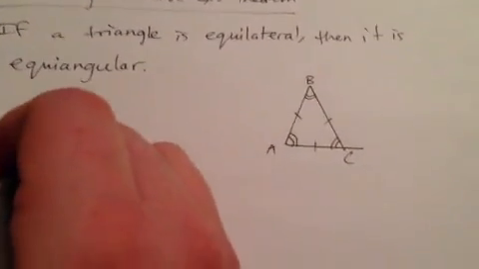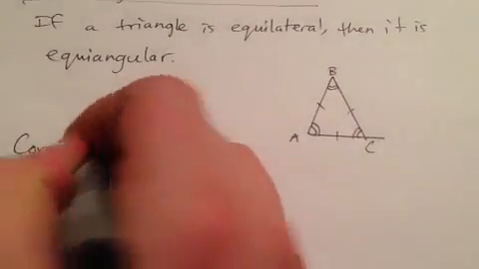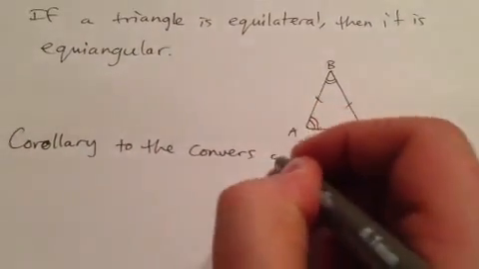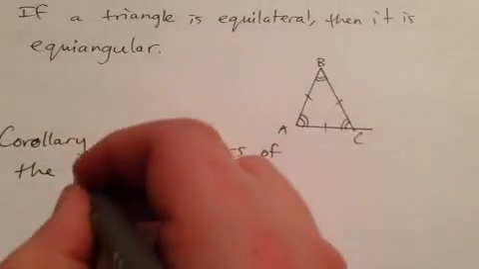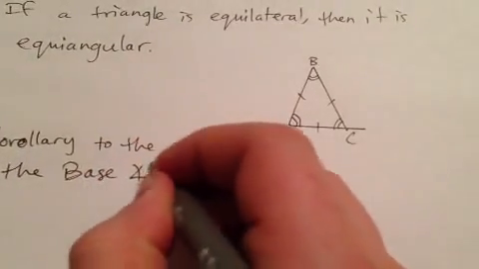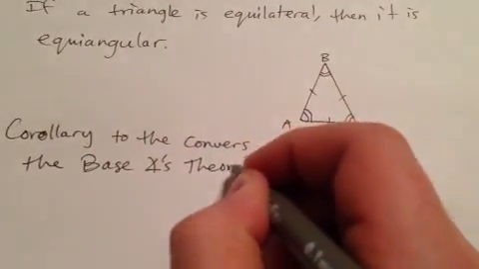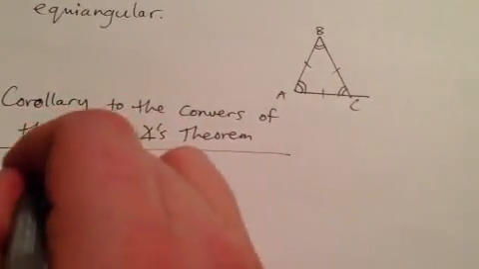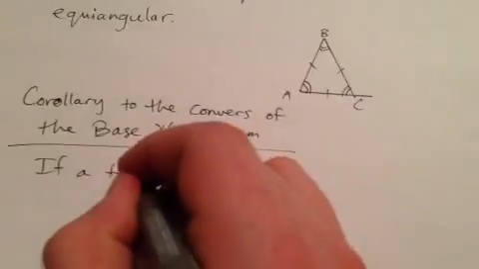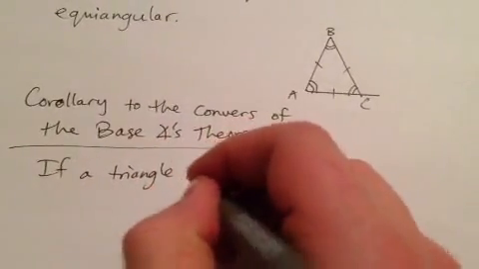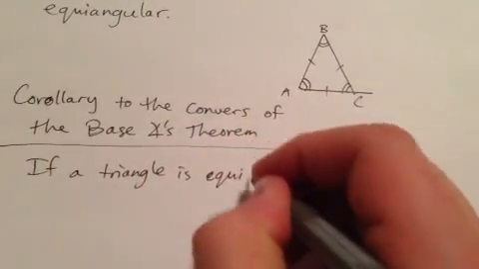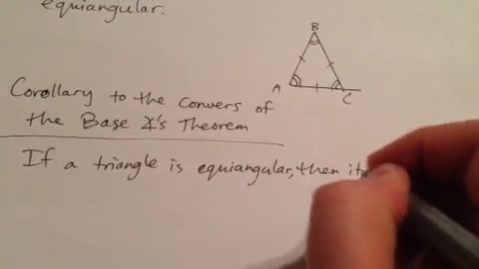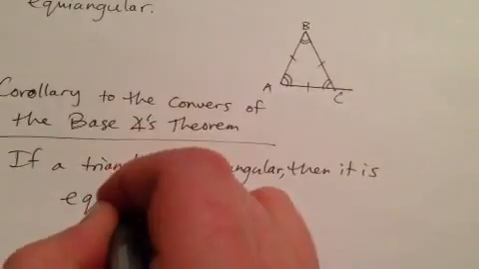So the corollary to the converse of the base angles theorem says if a triangle is equiangular, then it is equilateral.